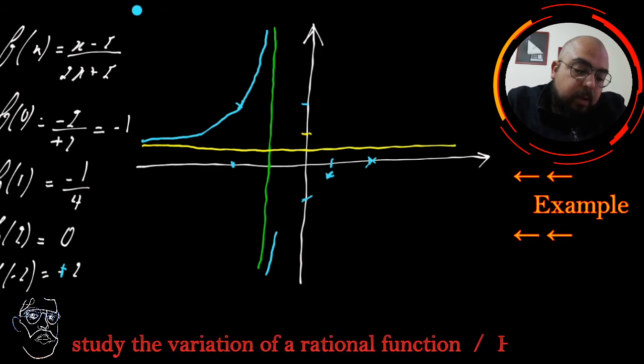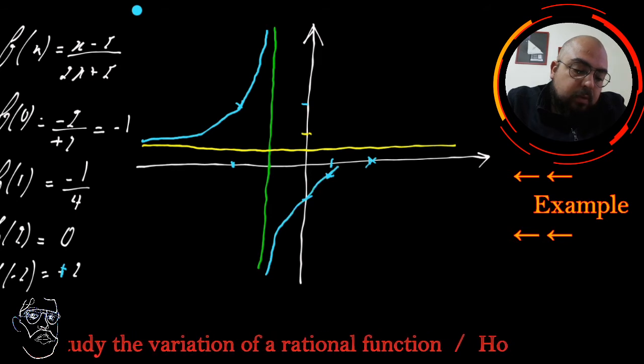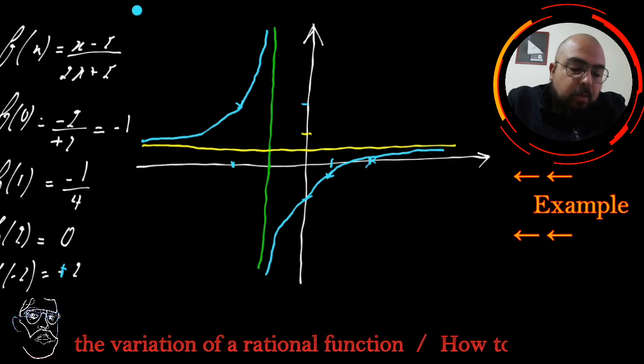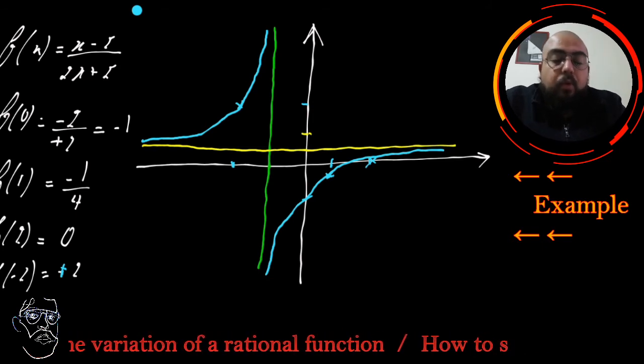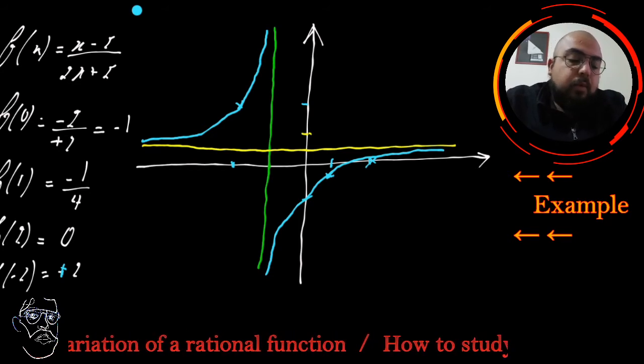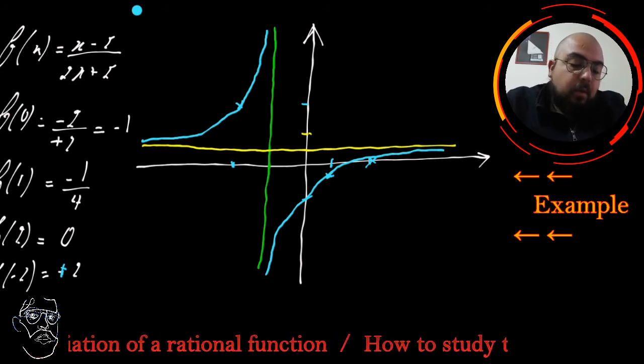So from minus infinity to 1 over 2. This is how my curve will be actually. It's the line in blue which represents my curve.